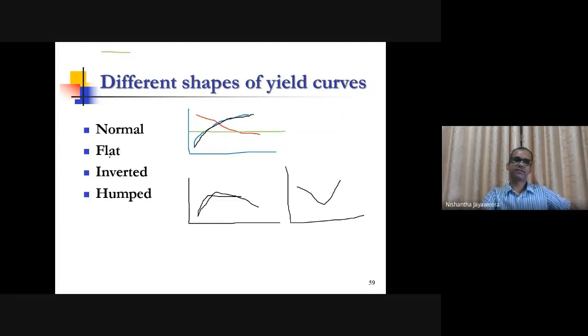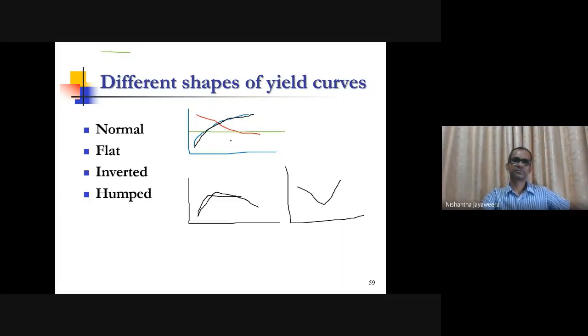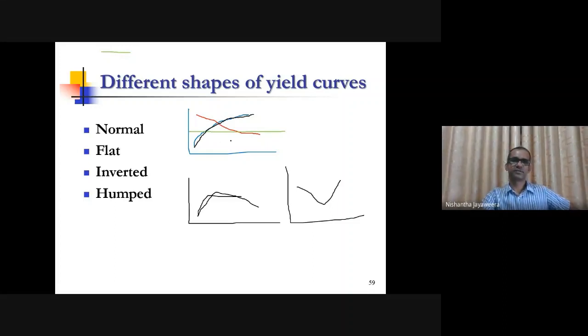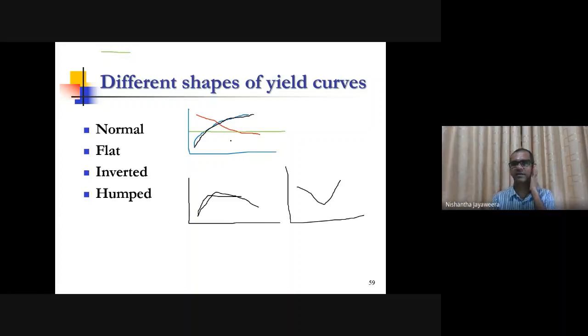In a flat one, you would see a coming to a peak or a drop. That means you're almost at the top or a bottom, or there's no difference over time.